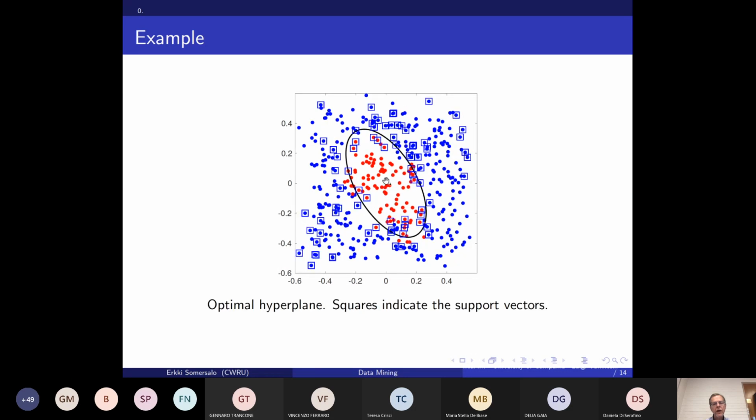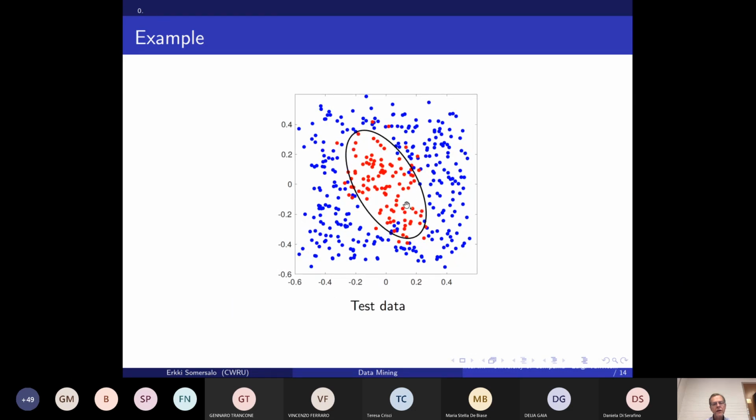Here are the original classifications. Red is class +1 and blue is class -1. In the next picture, the color indicates how my points are classified. So this is the true classification.